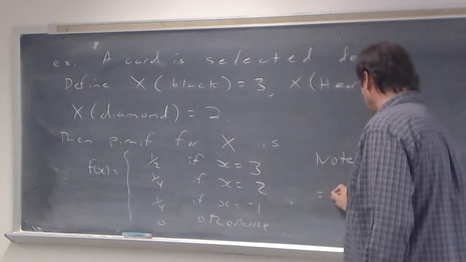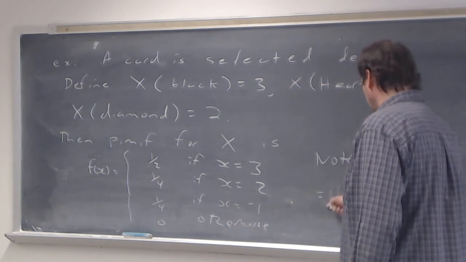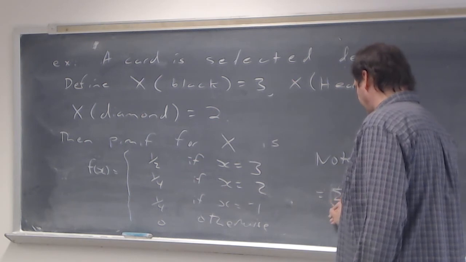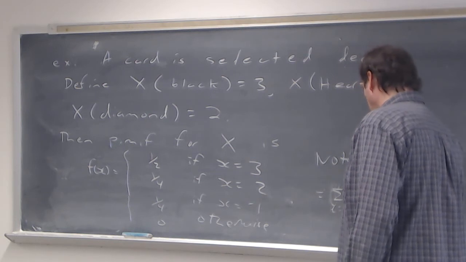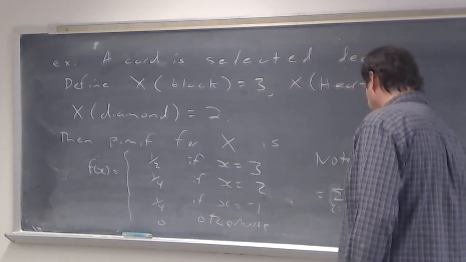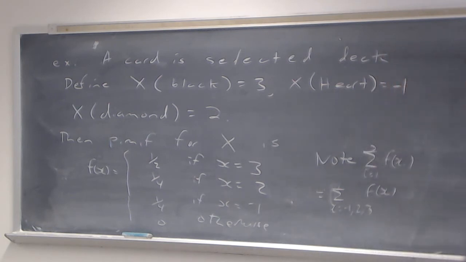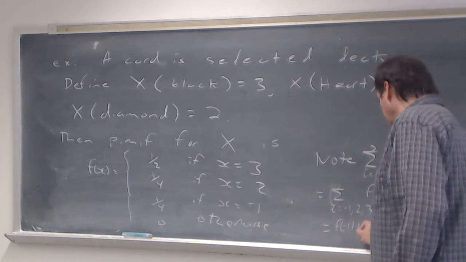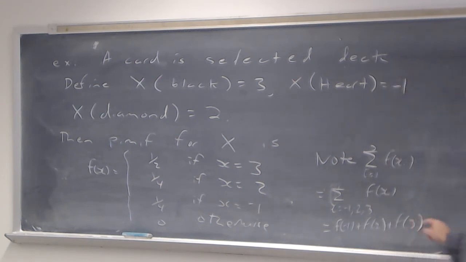In this case, what we're having is the sum over the output values for x, x being equal to -1, 2, or 3, of f of x. That's what we mean by our previous notation. And what that is, it's f of -1 plus f of 2 plus f of 3.